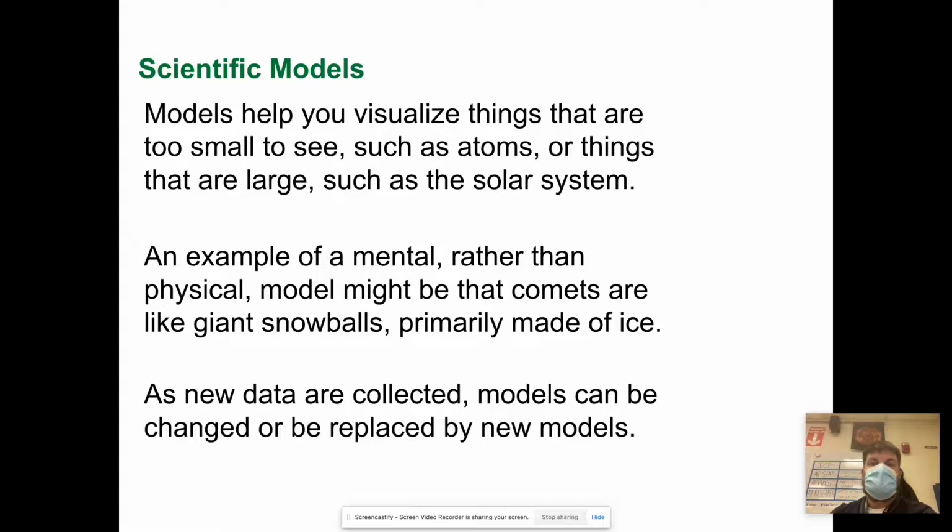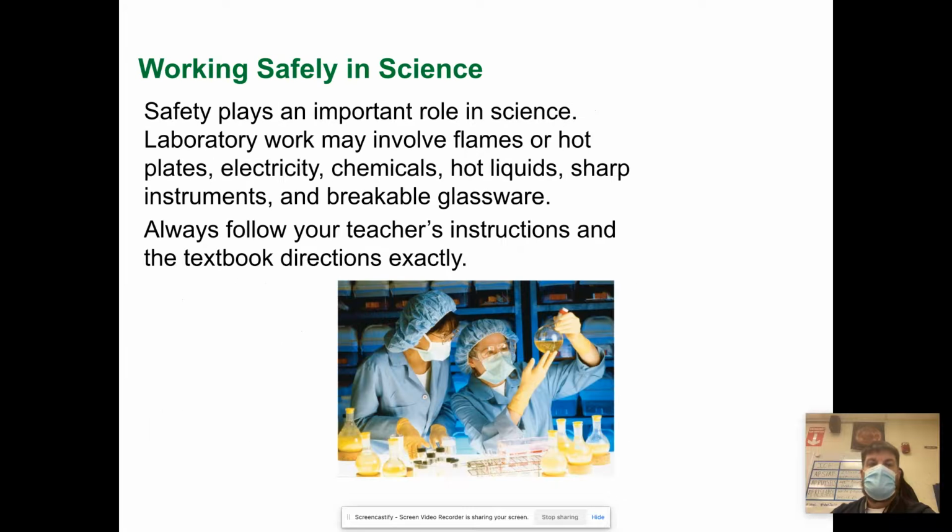Models can help you visualize things that are too small to see, such as atoms, or things that are large, such as the solar system. An example of a mental rather than physical model might be comets are like giant snowballs primarily made of ice. As new data is collected, models can be changed and replaced by newer models.